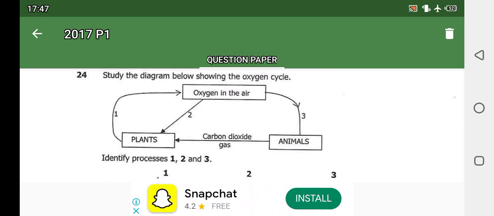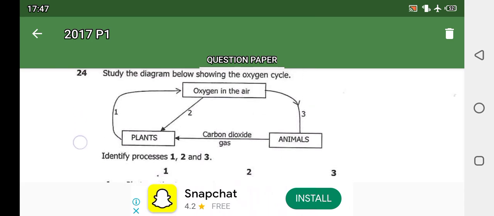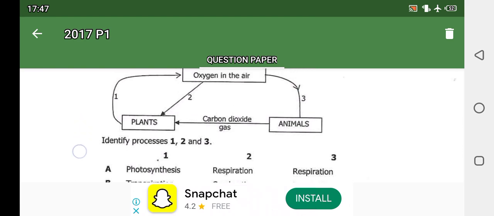With 2, where oxygen is trapped from the atmosphere to the plant. 3 is where oxygen is also inhaled by animals. So process 1, which releases oxygen to the environment, that is photosynthesis.